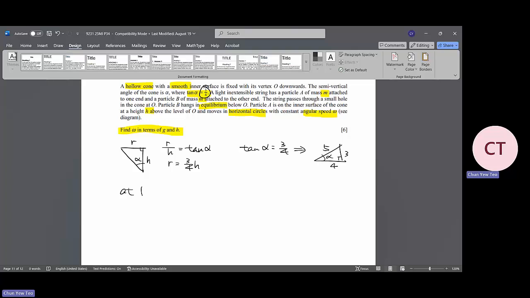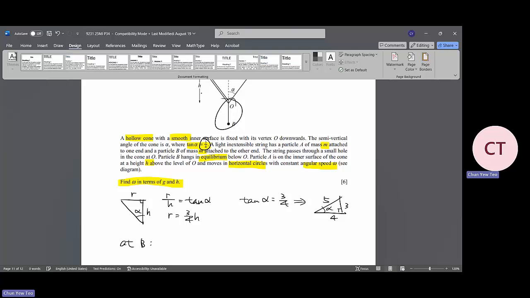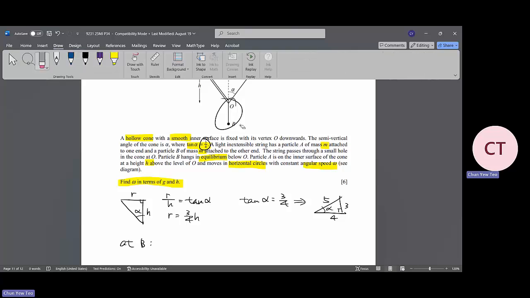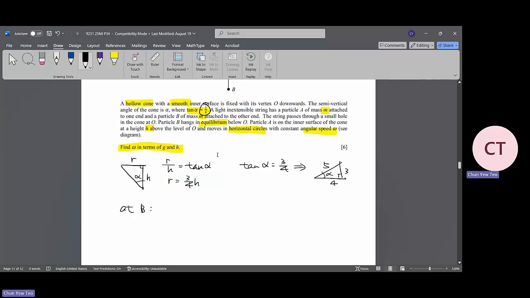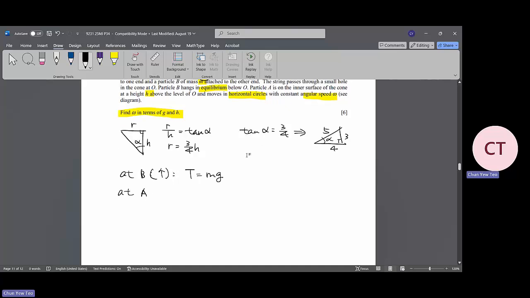So these are the materials I need to get ready before I solve the problem. Now, usually for a question like this, we will start from the one that is hanging vertically. That will be the easiest for us to get marks. So at B, if you resolve the forces vertically, you have the tension T is equal to mg. Done. Then at A over here, maybe we can draw a diagram.